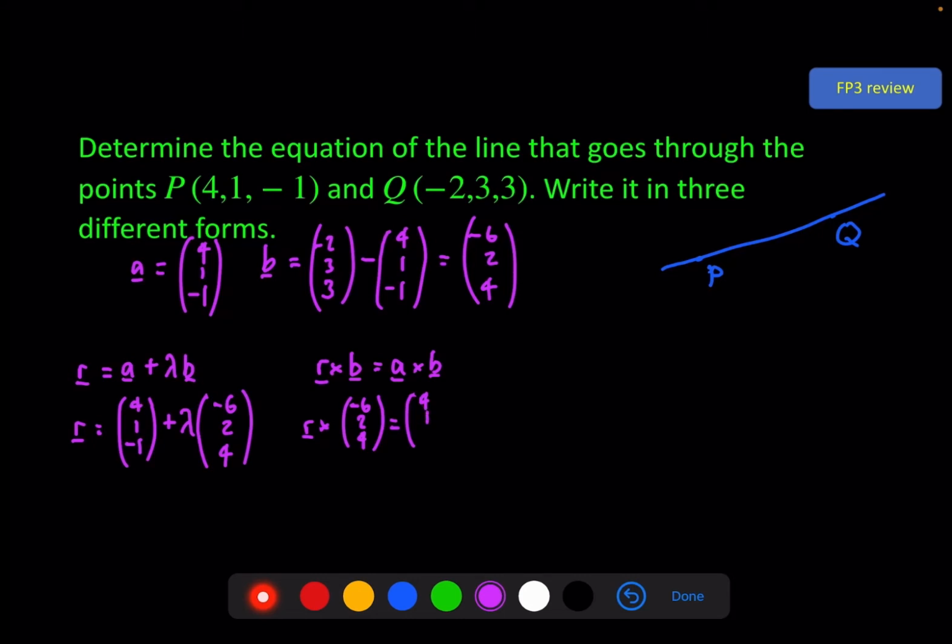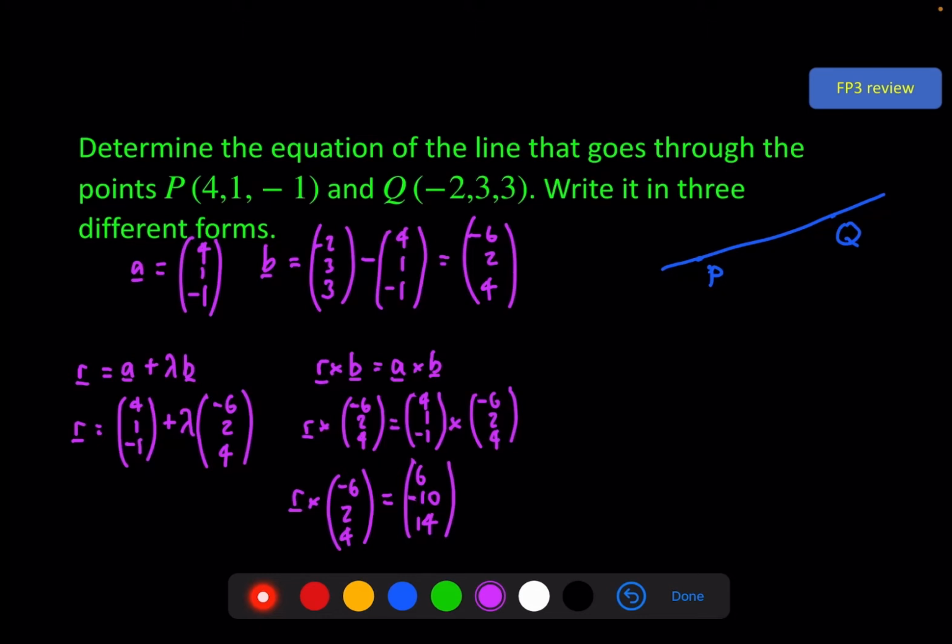And then we would do this calculation a cross b, which gives us 4 minus 2, 6 minus 16, and 8 minus 6. So here is our second form.